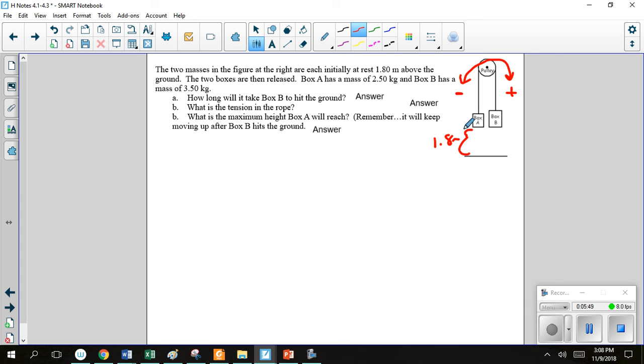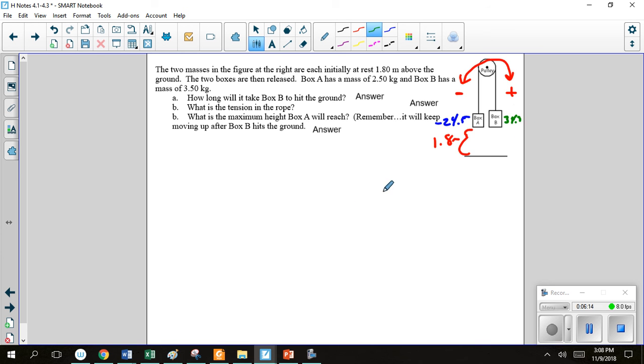Over here, we have a force that's going to be 2.5 times 9.8, so this is going to be our negative 24.5. It's negative because it's the left side. Then over here, we have 3.5 times 9.8. This one's going to be positive because it's on the right side.